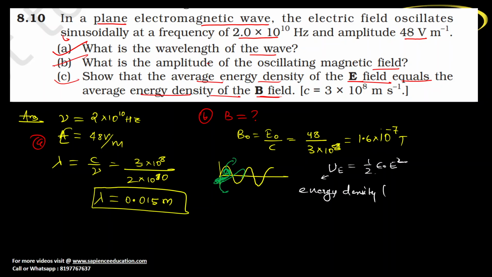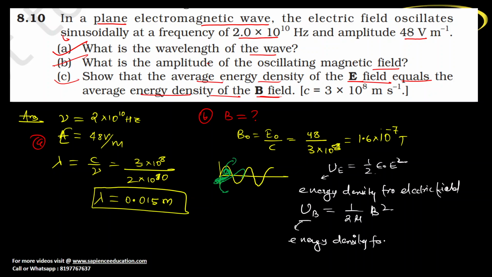Now we will go for the energy density for the magnetic field, that is U_B, which is equal to 1 by 2 mu naught into B square. So this is the energy density for the magnetic field.